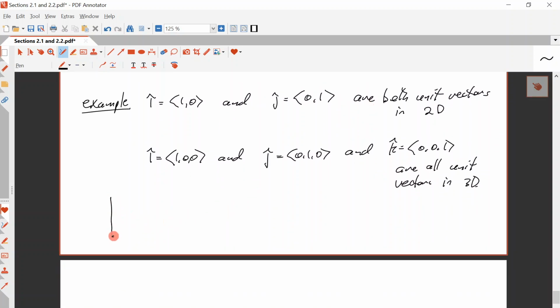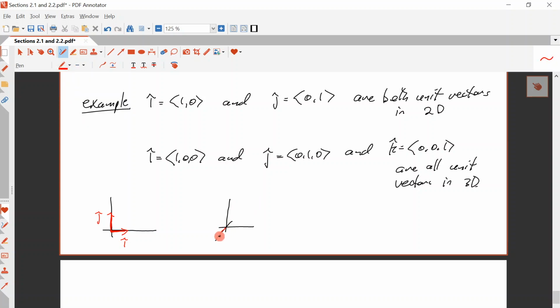So the picture would look like this. Right, in 2 dimensions, i and j would be right here. This would be i. This would be j. And in 3 dimensions, i, j, and k would look like this. I have coordinate axes x, y, and z.